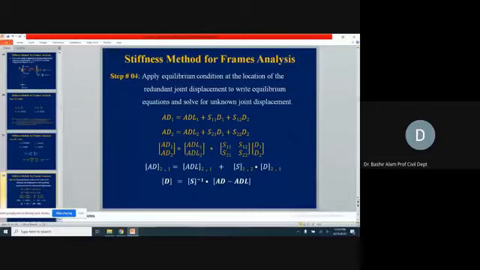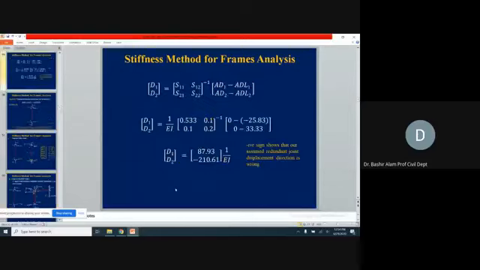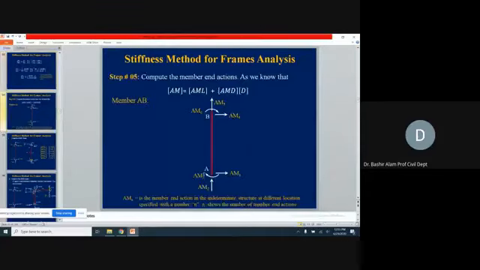And this is the rearrangement of the equilibrium equation in order to find out the unknown joint displacements. We put the values in, we solve it, and D1 and D2 are found. Again, if you see D2 is coming negative, it means our assumed direction was wrong. But still you will have to live with these negative signs for the rest of the calculations.